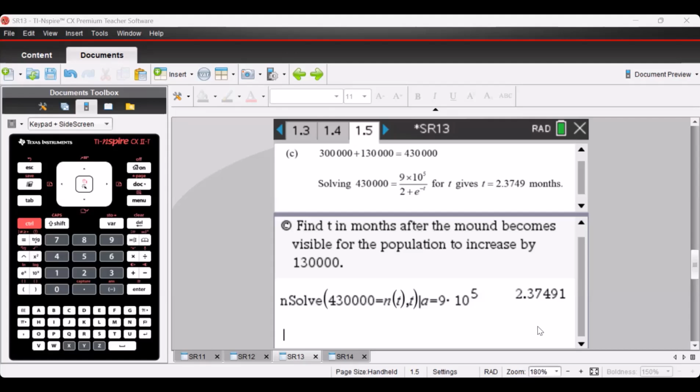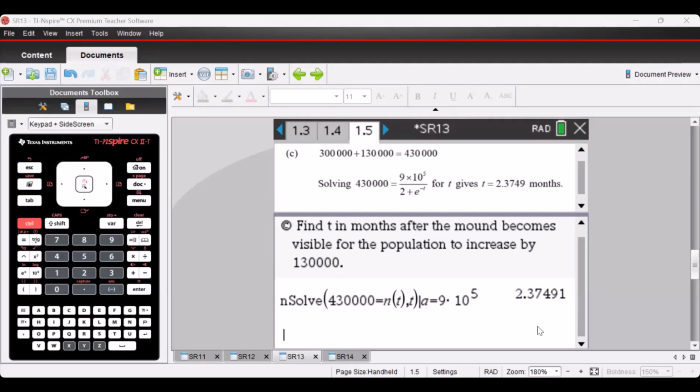430,000. The top of my Nspire page shows the working that is sufficient to obtain full marks here. It's good to note down that you're solving 430,000 equals N of T, where A is 9 times 10 to the power of 5, and the denominator is 2 plus e to the power of negative T. We want to solve that equation for T, and when we do, which I'll show you in a moment, you get a T value in months of T equals 2.3749.